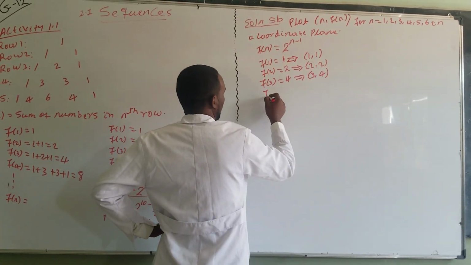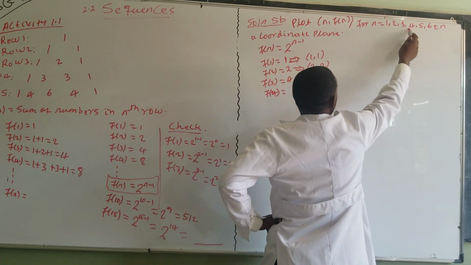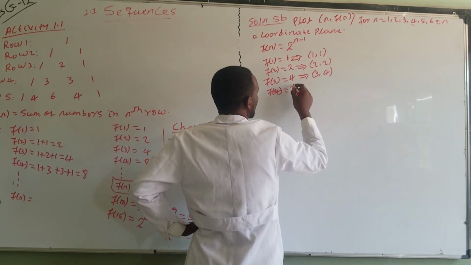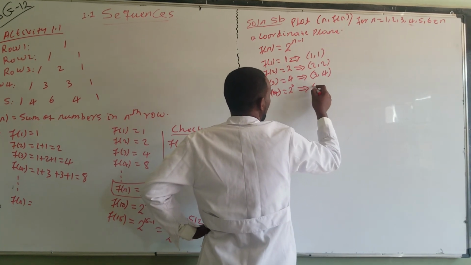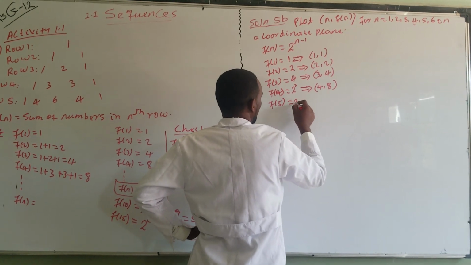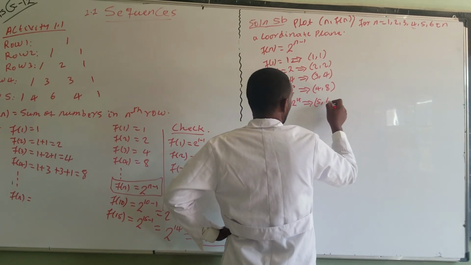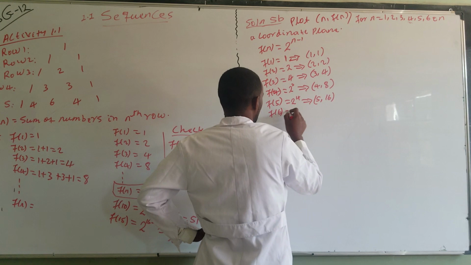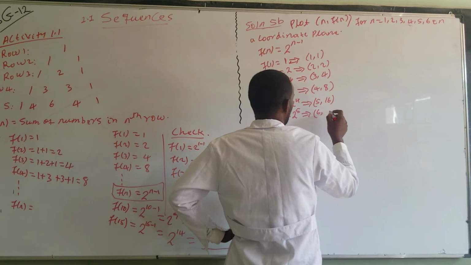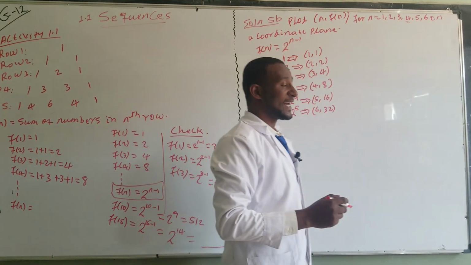Then f of 4 is 2 to the power of 4 minus 1, which is equal to 8, implies 4 comma 8. f of 5 is equal to 2 to the power of 4, implies 5 comma 16. f of 6 is equal to 2 to the power of 5, implies 6 comma 32.